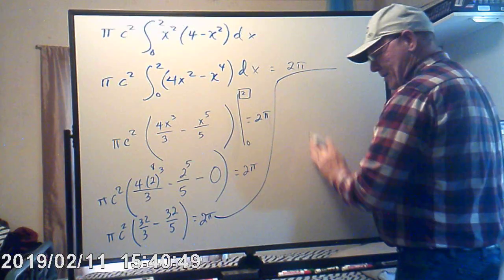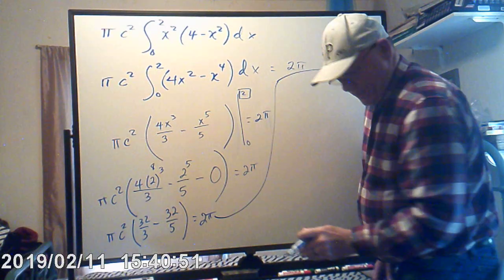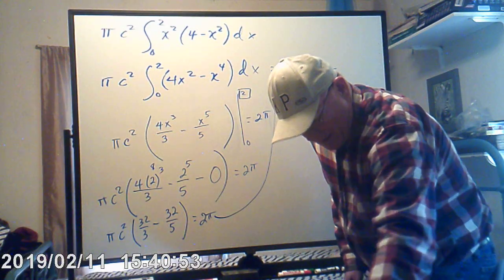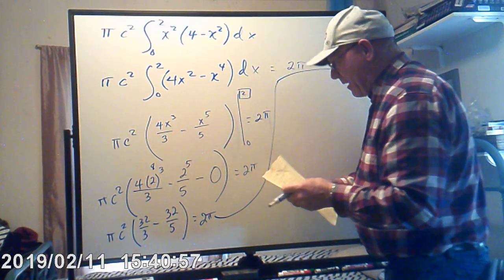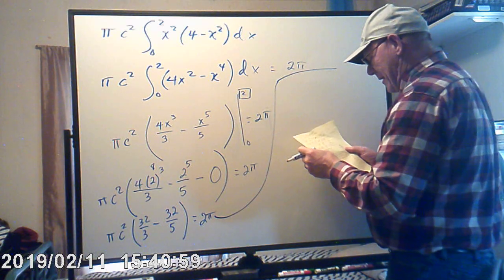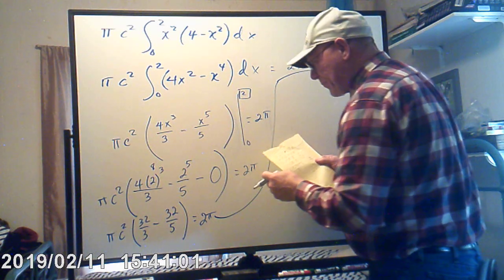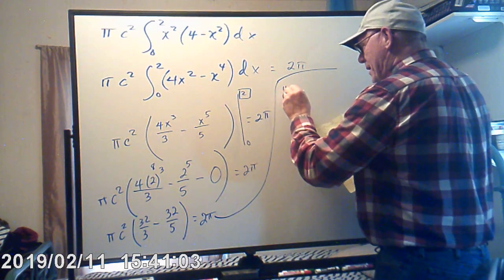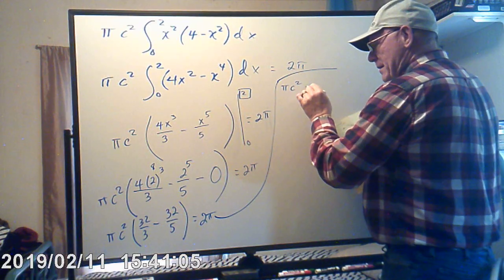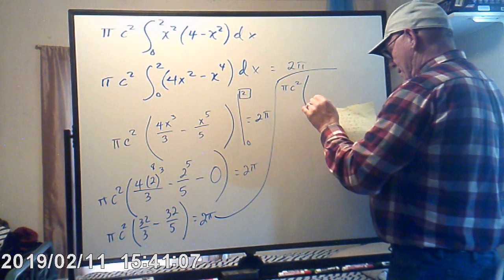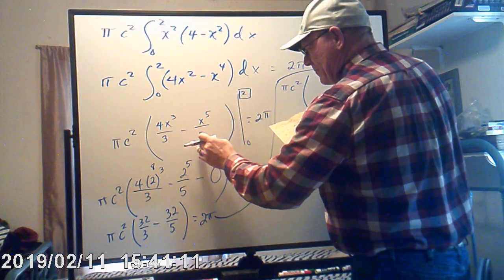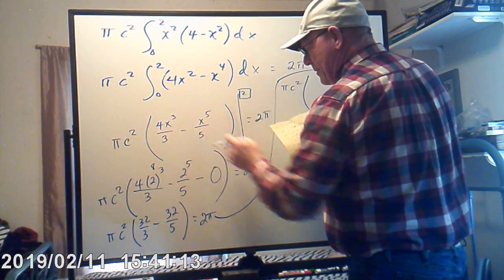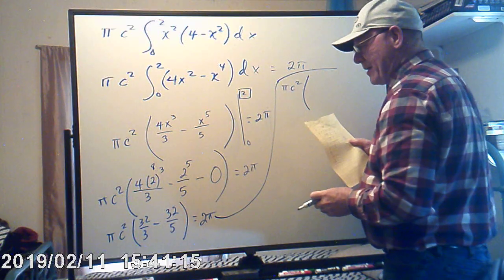And we're going to finish our problem right here. So let's see, 32 over 3. I've already figured that out. This is actually going to be pi c squared times, with a common denominator of 15.